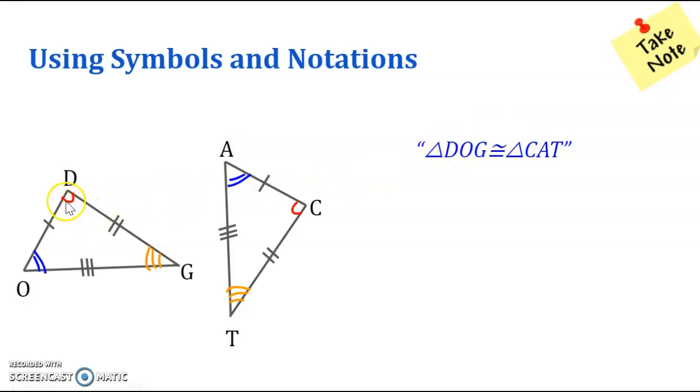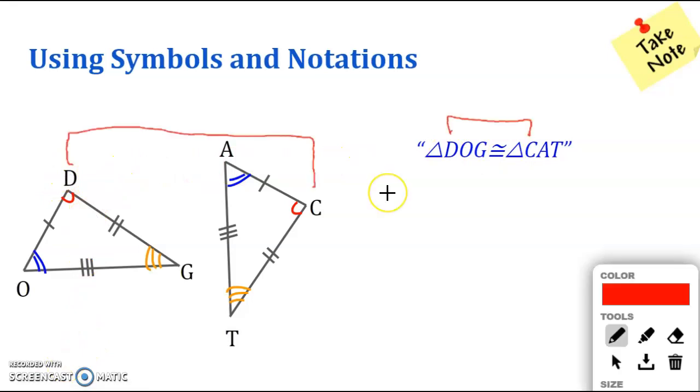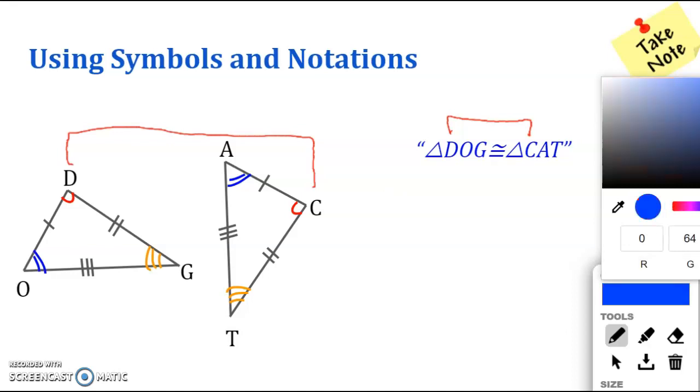Okay, so notice that the vertex D corresponds to vertex C, because we know that it has one arc here and one arc here. So D and C correspond to each other, and they are the first letters on both triangles. And let's see, the two arcs are where O in the left triangle and A on the right triangle are.